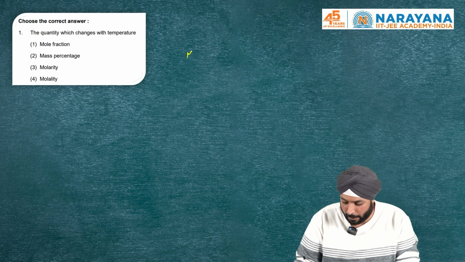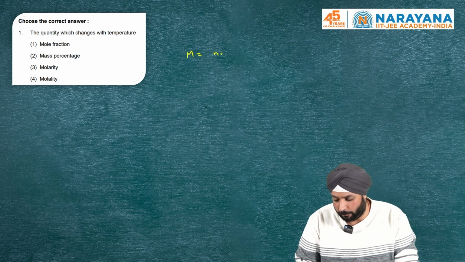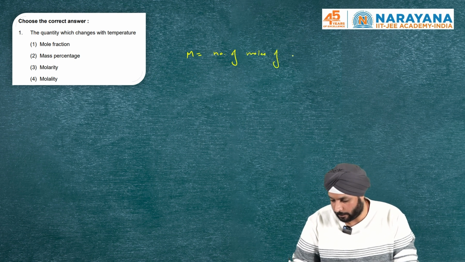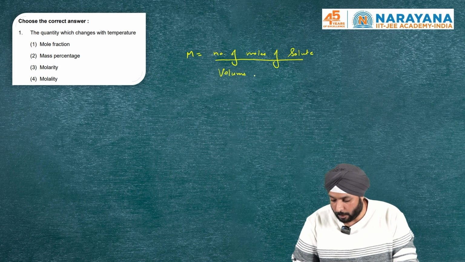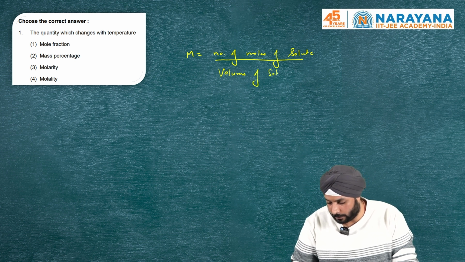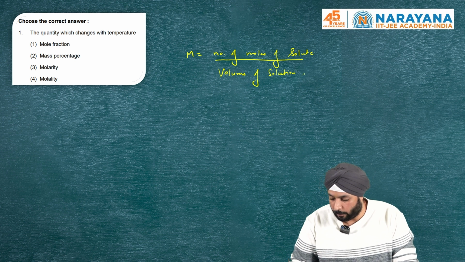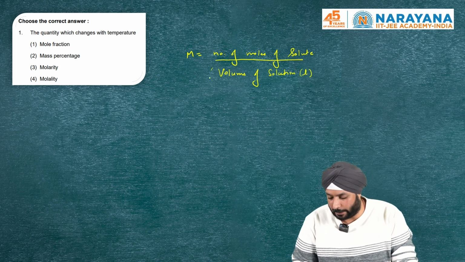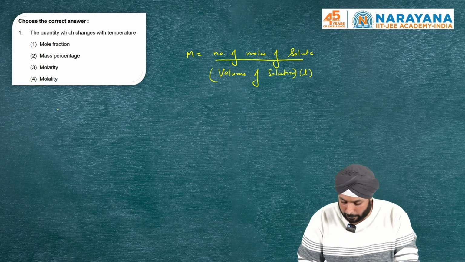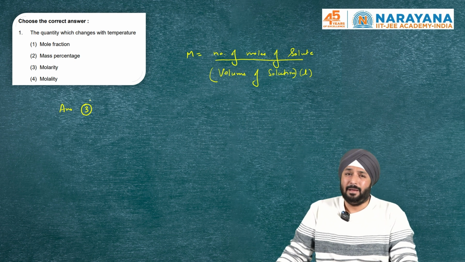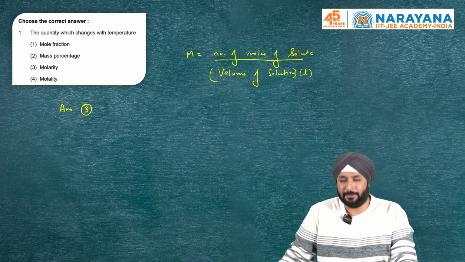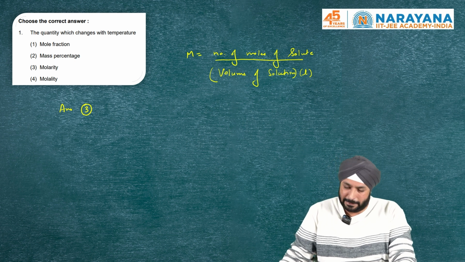Clearly molarity is equal to number of moles of solute divided by volume of solution in liters. Here this term depends on volume. Clearly the answer will be 3. It changes with temperature. It's a very primitive question, NCERT based question within the syllabus. Very simple to ask. Everyone would have done it nicely, right?